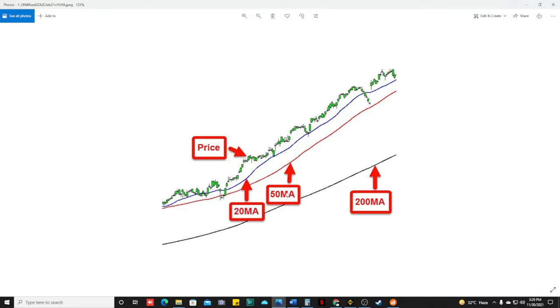Okay? That's 50 moving average. And the 200 moving average is the slow market. Okay? If the candle respects the 200 moving average, it means it's a slow market because it's already crossing the 200 moving average.